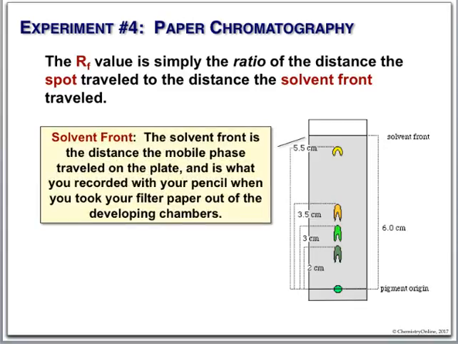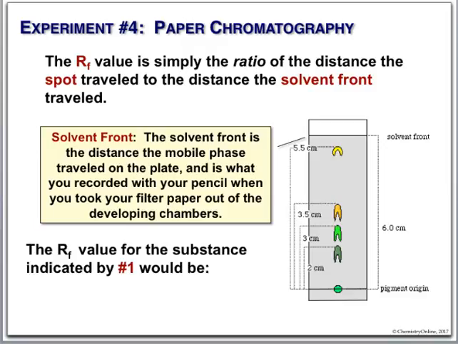In order to calculate the RF, you want to measure the distance here for the solvent front. Like I said, that's 6 centimeters. It's where we started with our dot and where we wrote with our pencil when it was all over.